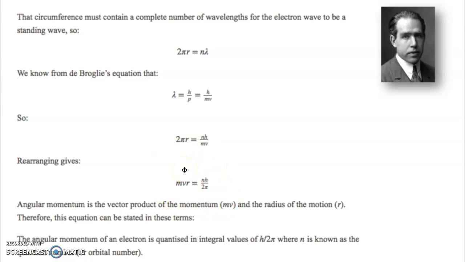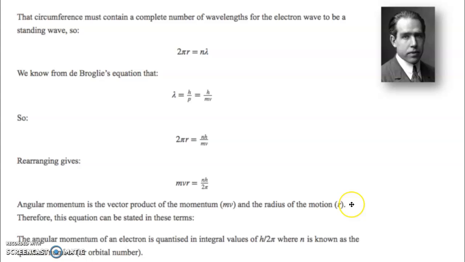Now I'm going to introduce a completely new quantity, and this is a little bit absurd because it's not in the syllabus at all, and I'm going to throw it in now. It's called angular momentum. Angular momentum is like momentum for things moving in a circle. It's the vector product of the momentum, which is a vector, times the radius.